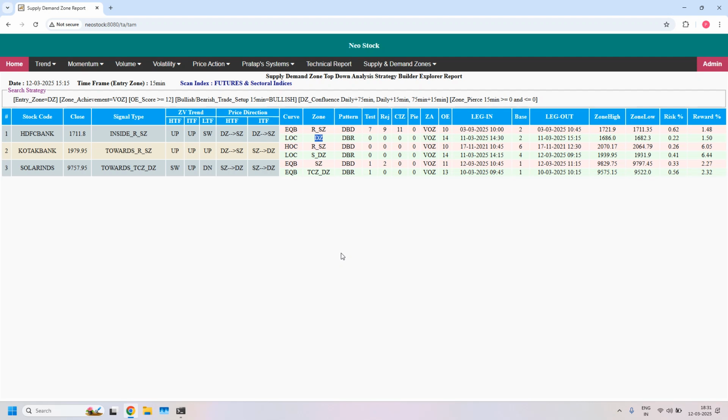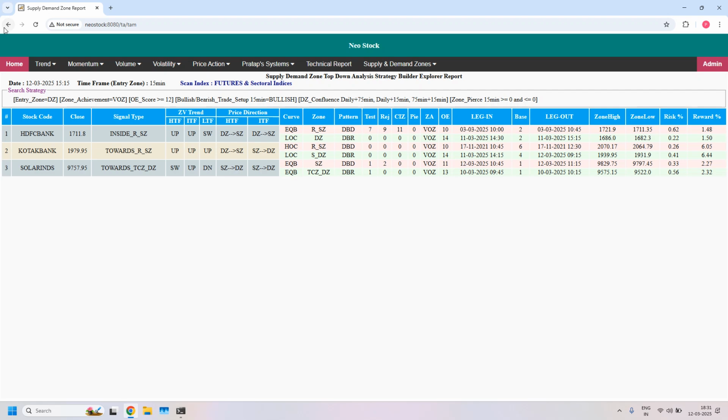Both together again overlapped with daily demand zone. That means all are part of the daily demand zone. And daily trend is up in 2 stocks. If any of those 2 stocks are having daily EMA confluence, daily demand zone with daily EMA confluence, they might be having an even higher probability to get success.